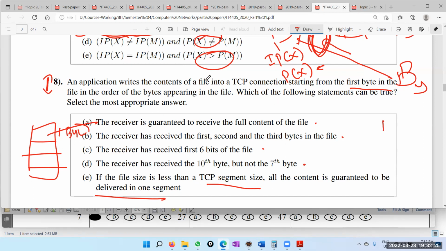Again, let's read it. An application writes the content of a file into a TCP connection starting from the first byte in the file, in order of the bytes. It says the application writes the content. I don't know, maybe that byte has successfully reached. Is that what they mean, or is it just that it has left?